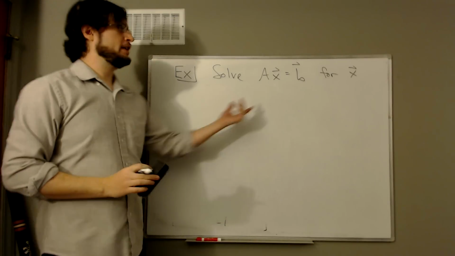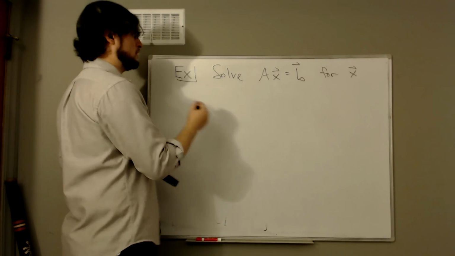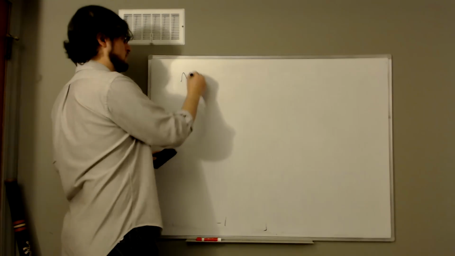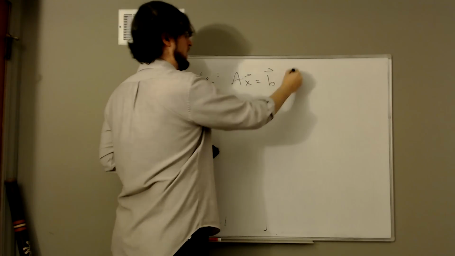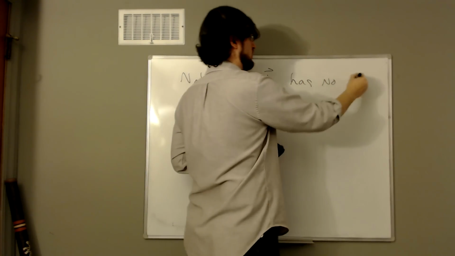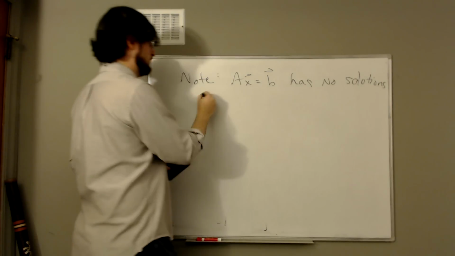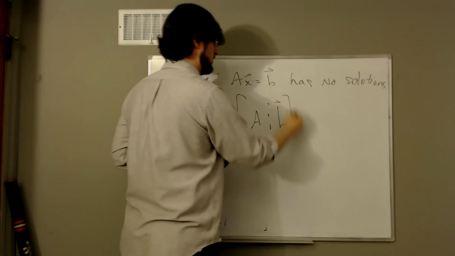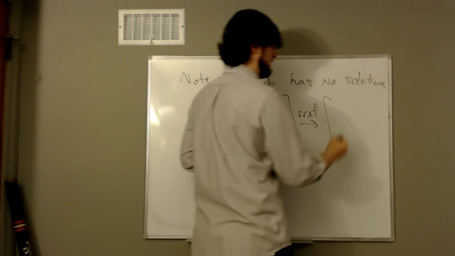Now, keep in mind that we can still get an inconsistent system out of this. Right? So when would our system be inconsistent? Ax equals b has no solutions if we would start with A and B, and then we would reduce, and we get something that looks like this.